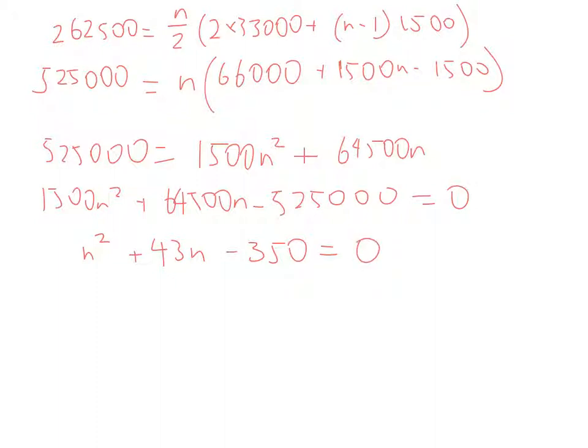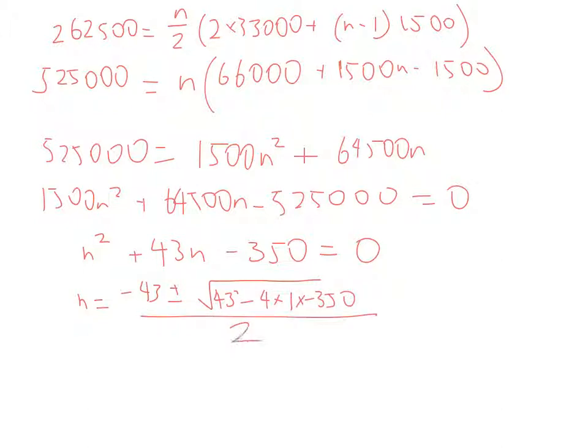I'm not seeing a quick way to factorise that, so I'm just going to go straight to the quadratic formula. So N equals minus 43 plus or minus the square root of 43 squared minus 4 times 1 times minus 350 all over 2 times 1.